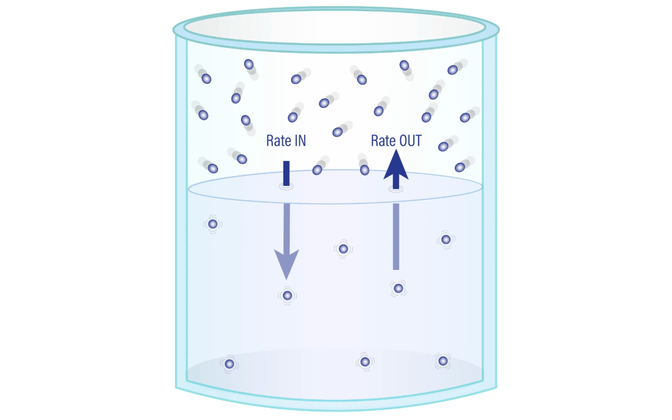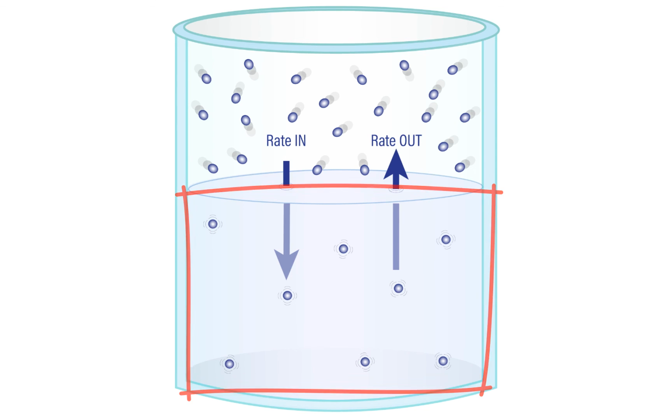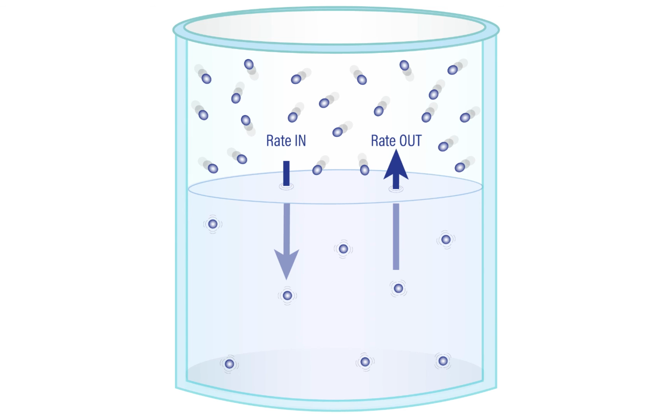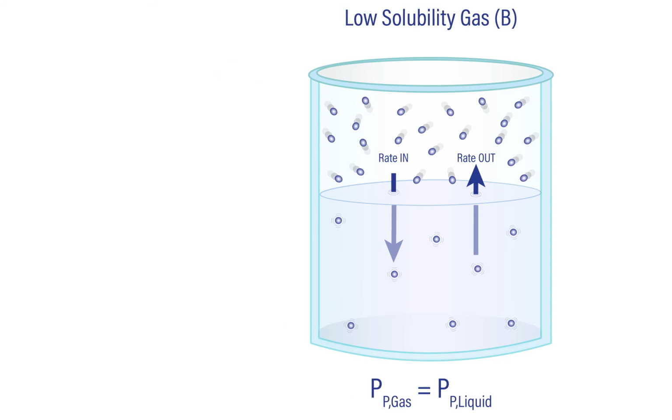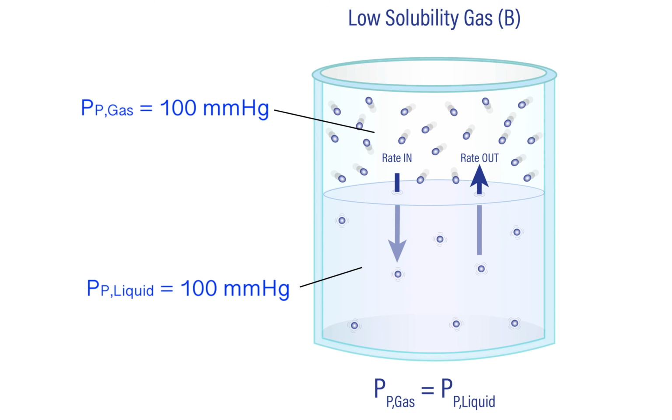And in fact, because it moves so readily, it'll reach an equilibrium between the rate in and the rate out at a much lower concentration of dissolved gas within the liquid phase. Even though the concentration of the dissolved gas within the liquid phase for this low solubility gas is much less than the dissolved concentration of the high solubility gas, nevertheless, we would say that the partial pressure of the dissolved gas in the liquid phase is 100 millimeters of mercury.